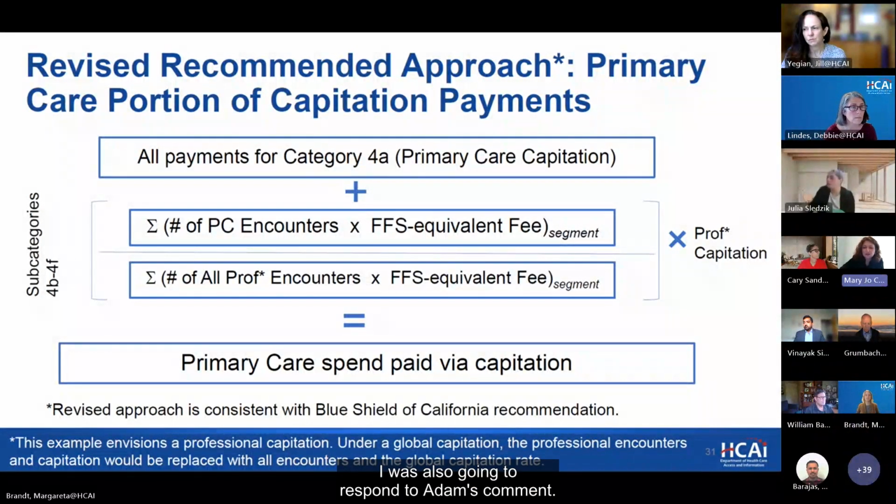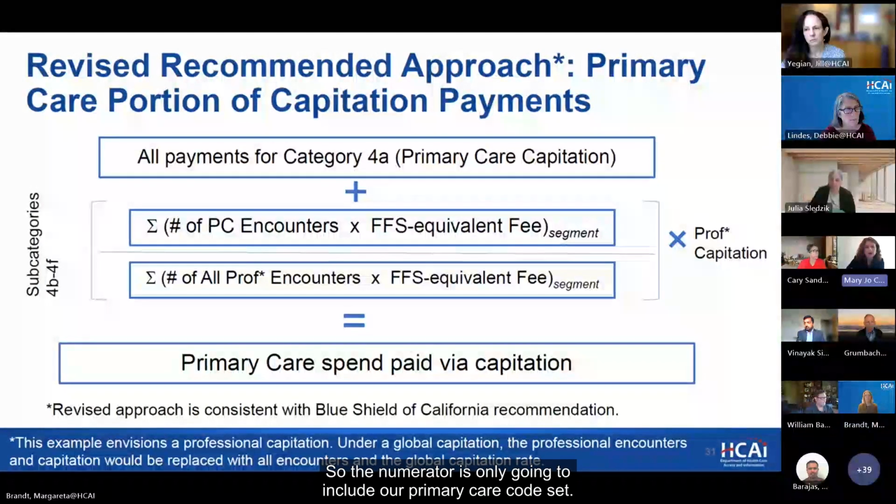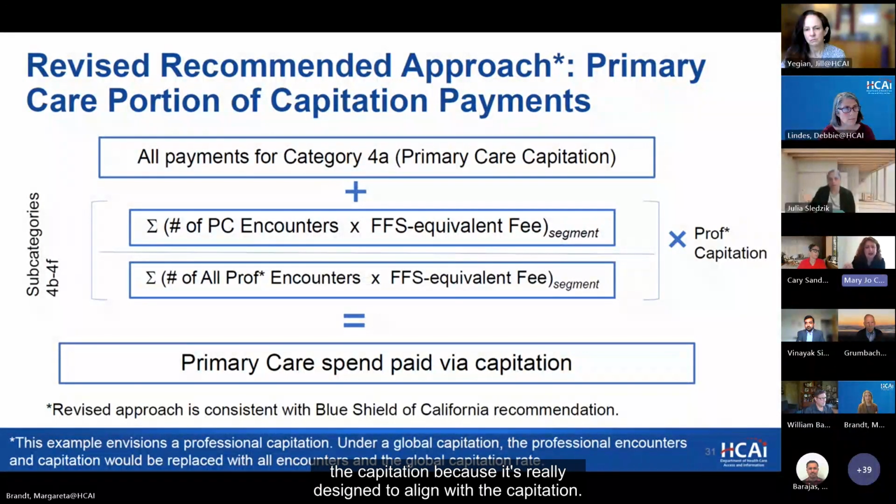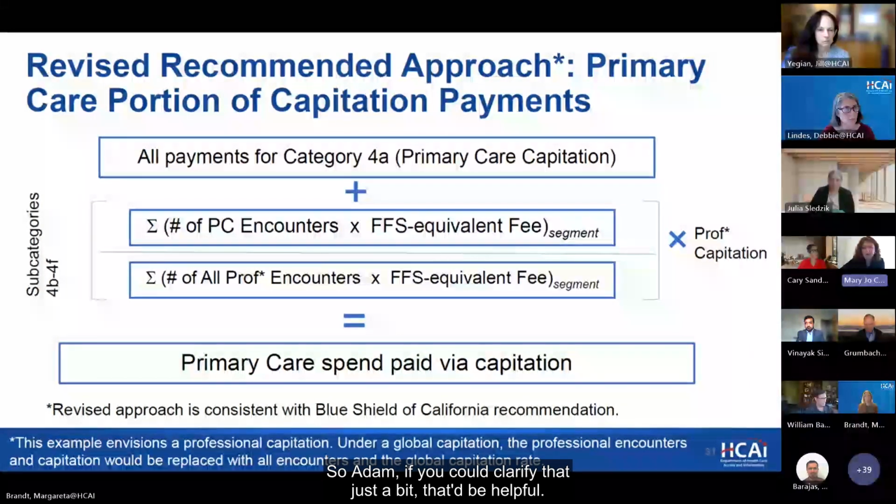I was also going to respond to Adam's comment. I'd like a little clarification, because I think it's important to distinguish whether he's referring to the numerator or the denominator. The numerator is only going to include our primary care code set. The denominator could potentially include any code included in the capitation, because it's designed to align with the capitation. So Adam, if you could clarify that a bit, that'd be helpful.